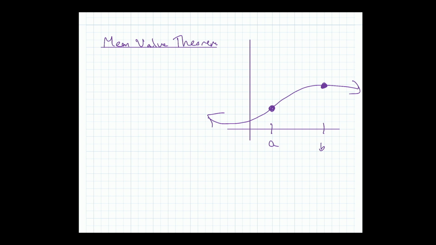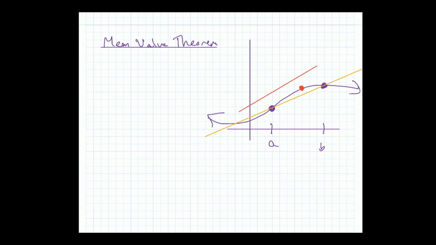And what the mean value theorem says, I can draw this, is that you've got a secant line right here, and somewhere in between A and B, there's got to be a place where if you draw the derivative, you actually have the same slope.